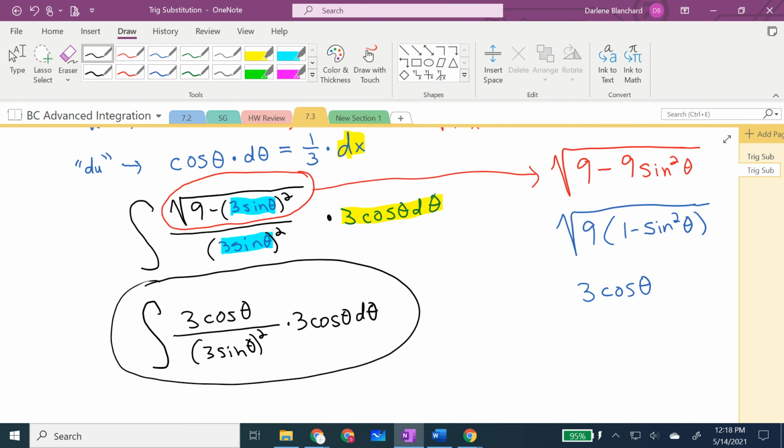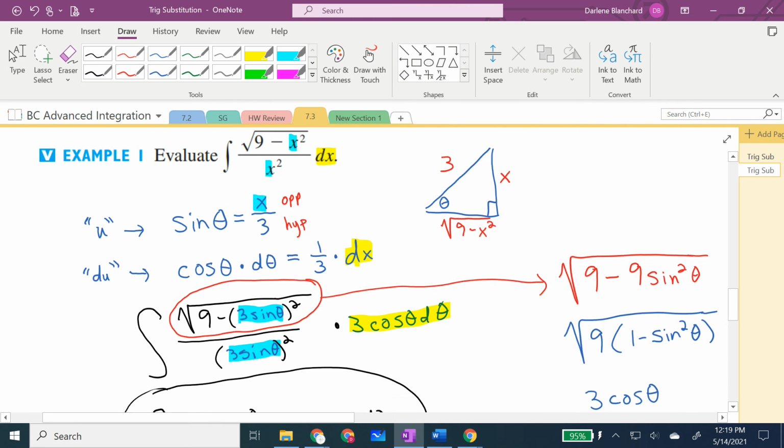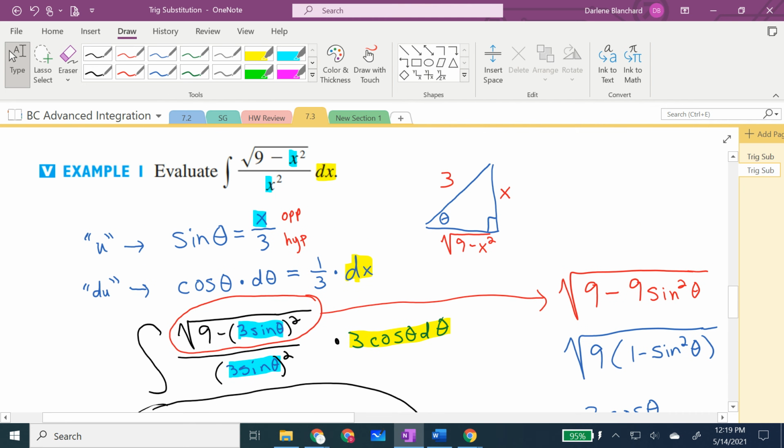But at that point, it's a trig integral. Now, before I go through that trig integral, I want to clearly write out other possibilities of how you could have dealt with this, because it's really awesome to see the different ways that you can go about it. So I'm going to erase.